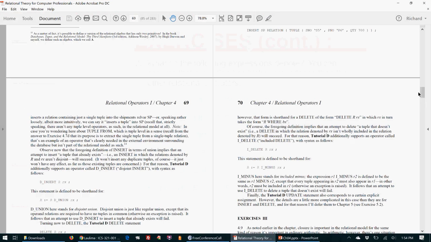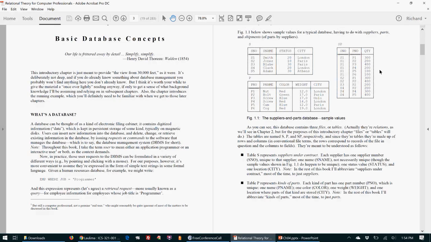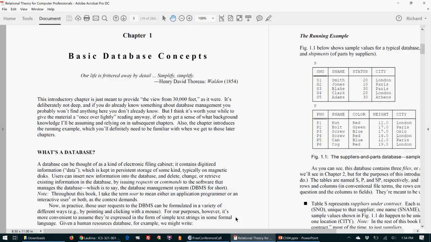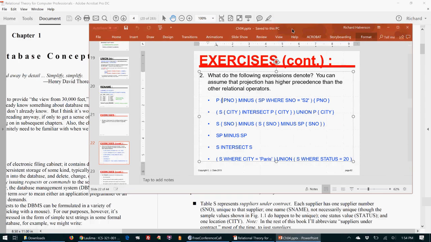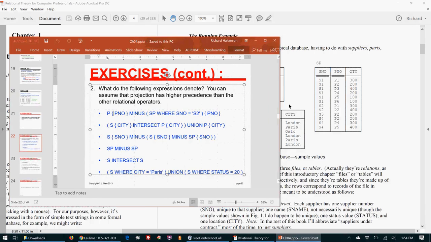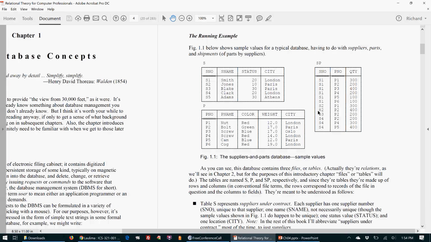So if we actually try to find one of our, here we go. We're talking about the SP table, and we are taking the SPs where SNO is equal to S2, so that would be this one and this one. Those are the S2.